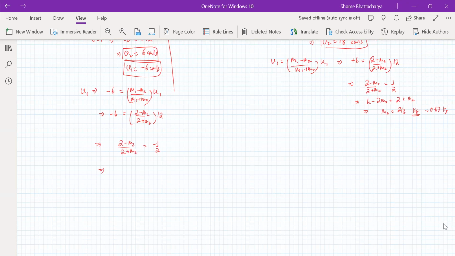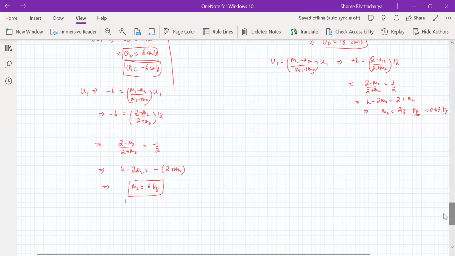Or we can say that 4 minus 2m2 is equal to minus of 2 plus m2. So we have m2 is equal to 6 kgs now. So that is the second case.